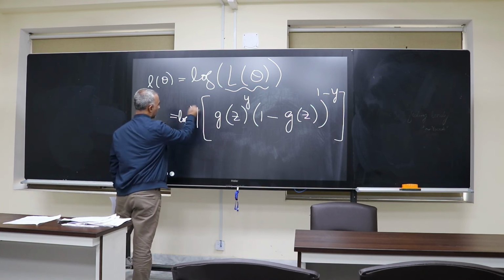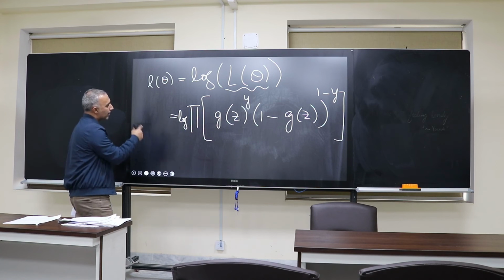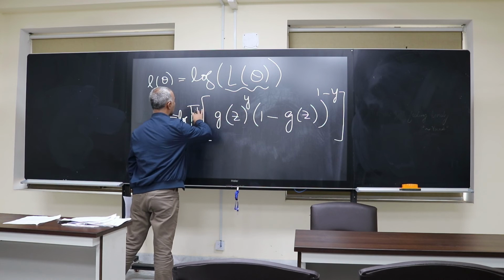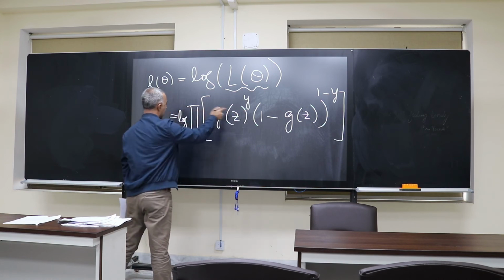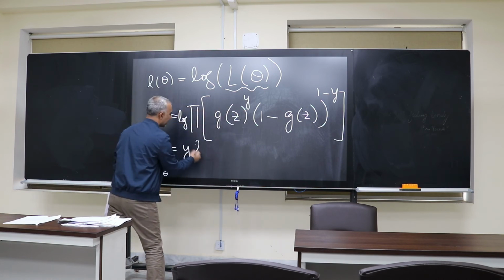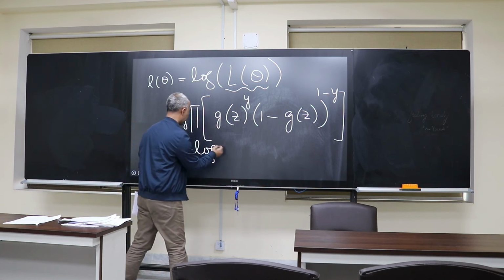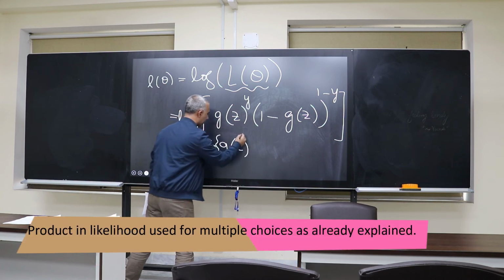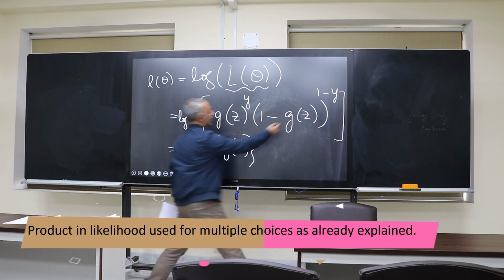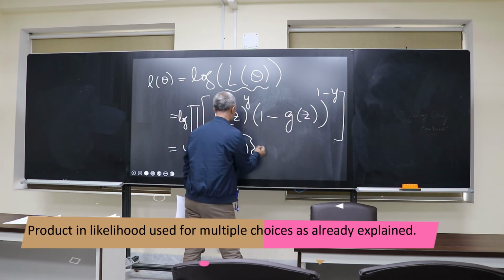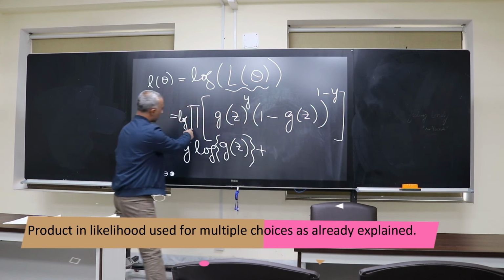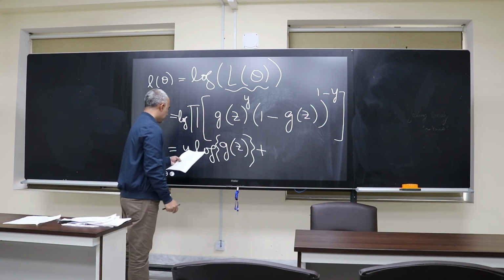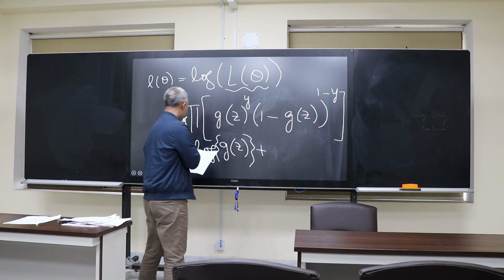Log this product, and once we expand it, this product will transform into the summation, and we will get y log g of z, and this power due to log plus sign, okay, this product will transform into the summation. So we will get some kind of special form.